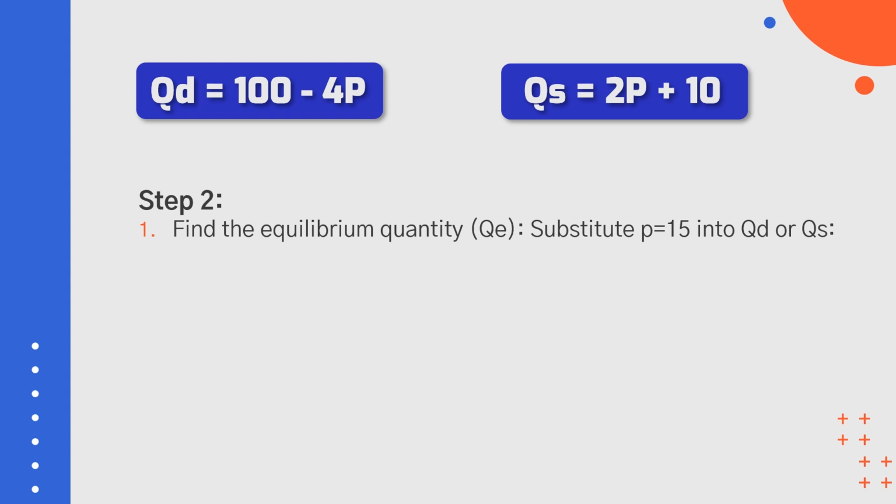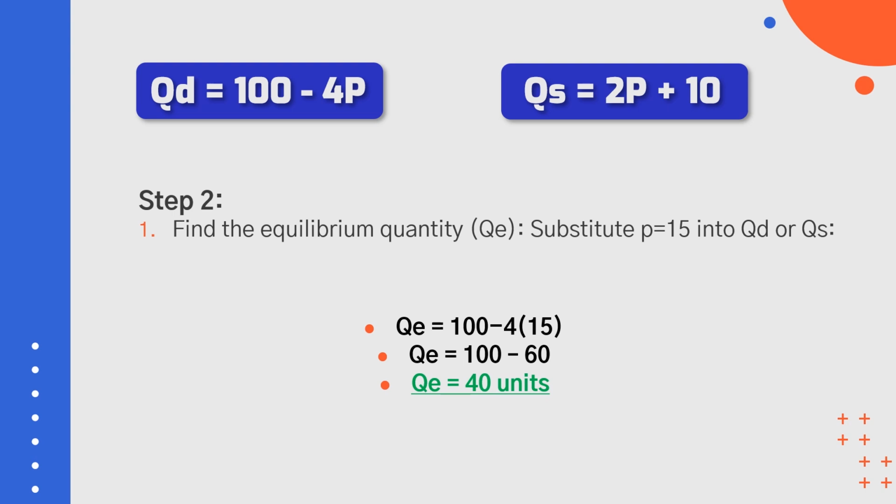We need to substitute 15, the equilibrium price, into any of these equations. It doesn't matter. In this case we are utilizing the demand equation. 100 minus 4 times 15, the equilibrium price, means 100 minus 60. In other words, the equilibrium quantity is 40 units.